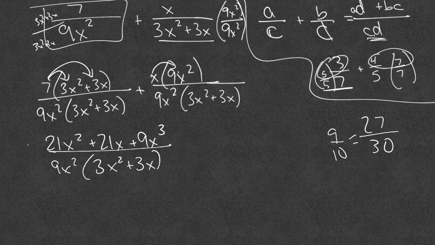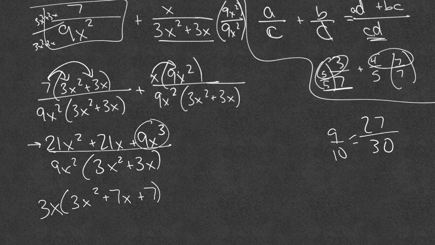So in my numerator, I can pull out an x and I can pull out a 3. What I have left, now I'll fix the order and move this piece over to the front. Now I'll have a 3x squared plus 7x plus 7 in the numerator. And in my denominator, I'm going to pull a 3x out of this piece also.